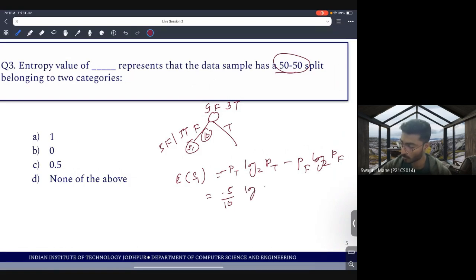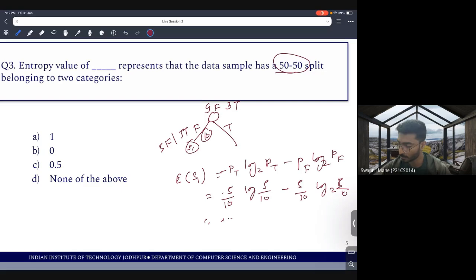And log of 5 divided by 10, minus 5 divided by 10, because F is also 5, right? The log base 2 of 5 divided by 10. So this is the formula we are using here. And what is the answer for this equation?